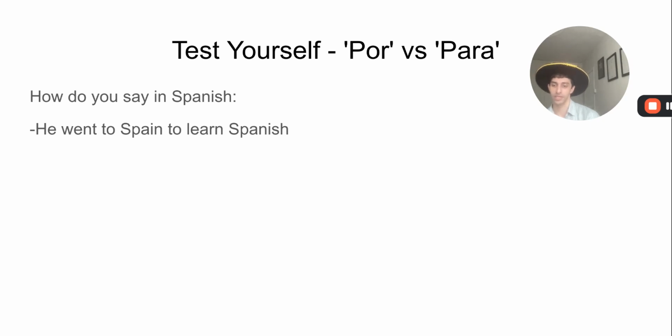Think through the categories that we went through earlier. Try and remember which category it falls into, then decide whether you'd use por or para and where it goes in the sentence, and have a go at translating the whole sentence. I will give you a little bit of time because this is probably going to require some thinking through.